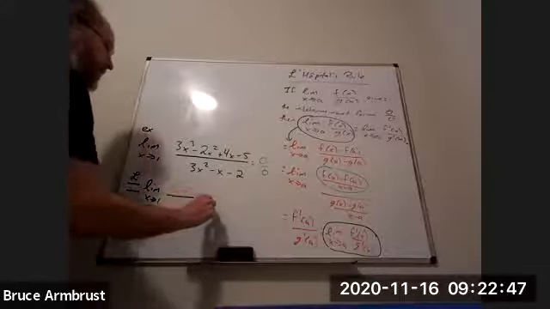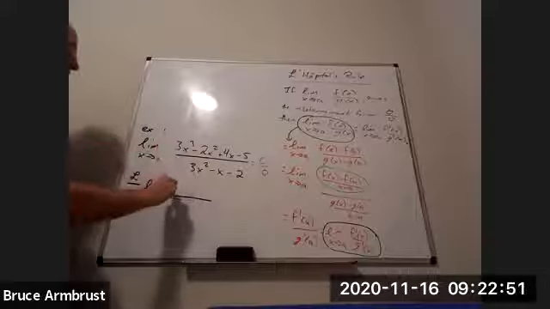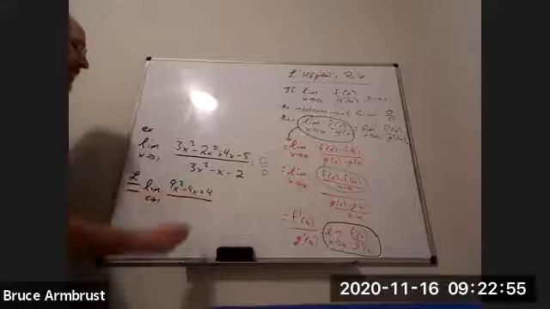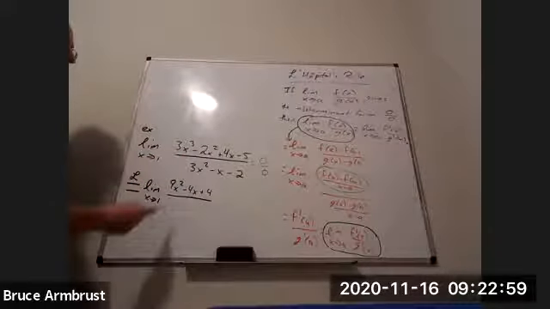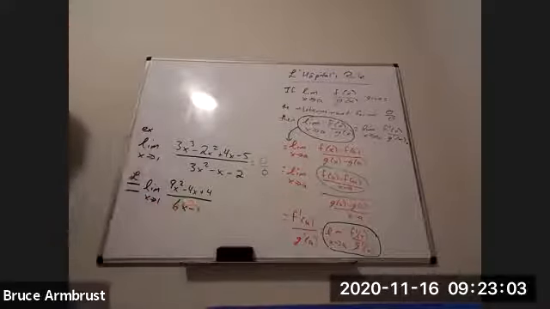So let's differentiate the top. I'm going to get 9x squared minus 4x plus 4. There's the derivative at the top. On the bottom, I'm going to get 6x minus 1.